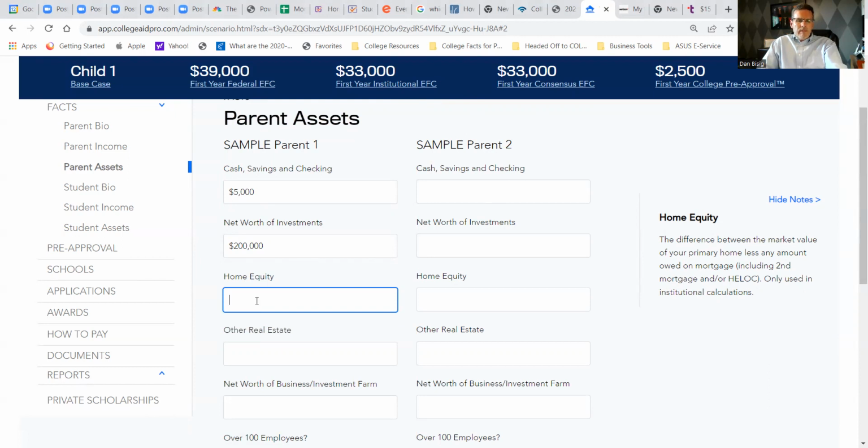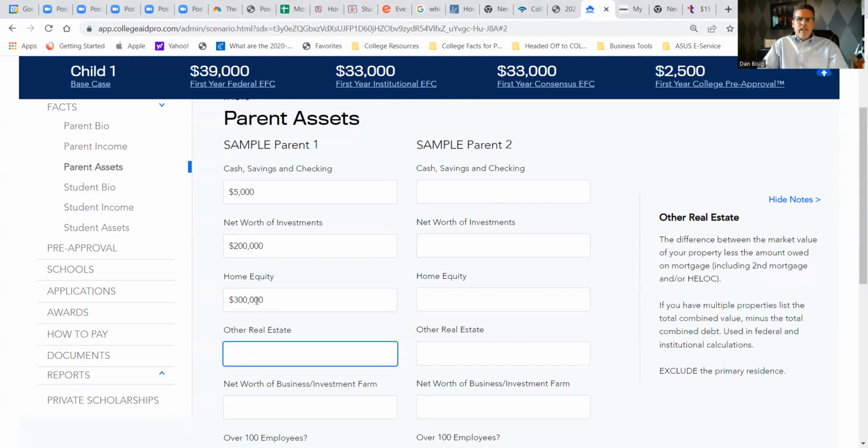Now, how about home equity? Let's say that you've got $300,000 worth of home equity. Again, I want you to watch the numbers. What happens in this case? Well, from the federal standpoint, nothing is going to change because home equity is not considered an asset from the federal methodology. However, in the institutional, it is. And in fact, it had a bigger impact than even the consensus did.